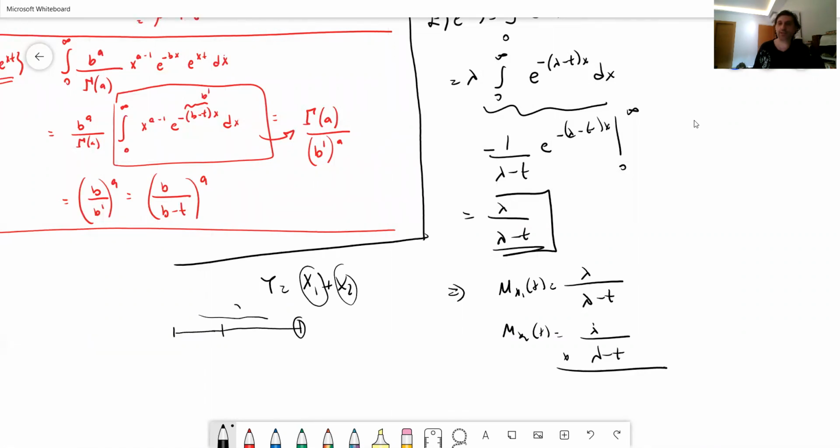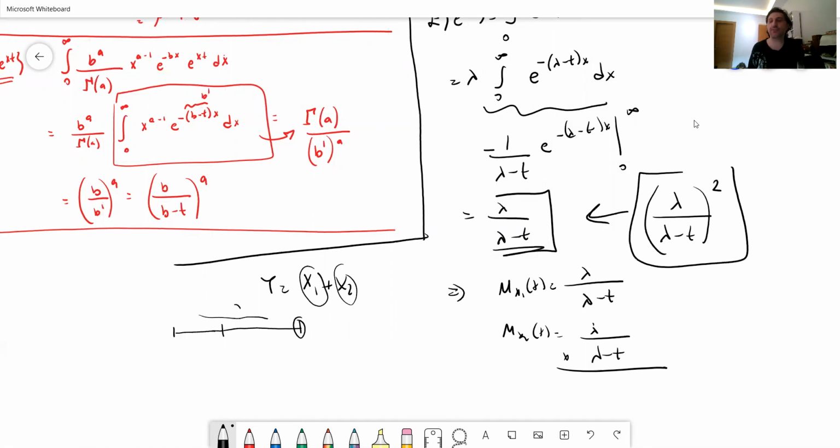When you take the product, it's going to be equal to (λ/(λ-t)) squared. Now note that this is not of the exponential form. Therefore, Y will not be exponentially distributed. Do we have anything here that looks like this form? Yes, as you can see, this is the form that we are going to have here.